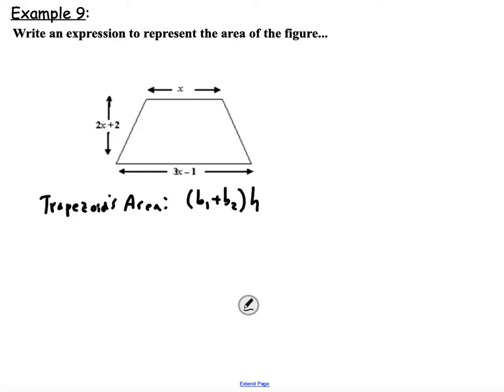It's up to you. So let's find the area of this. So area is equal to, the bases are parallel to each other. So there's base 1 and base 2. So that'd be x plus 3x minus 1. And then my height there is this right here, this 2x plus 2.